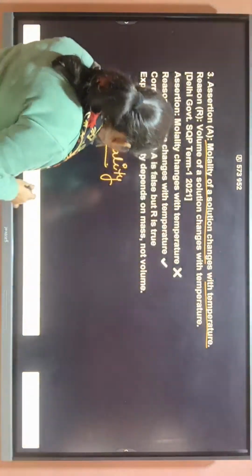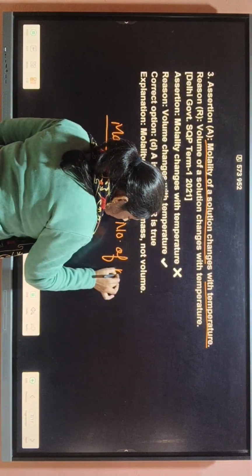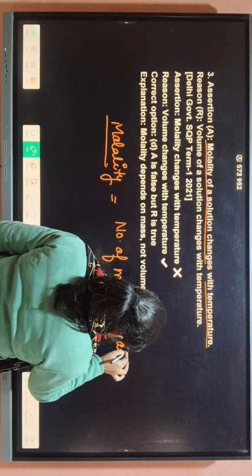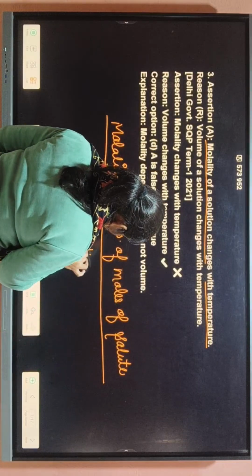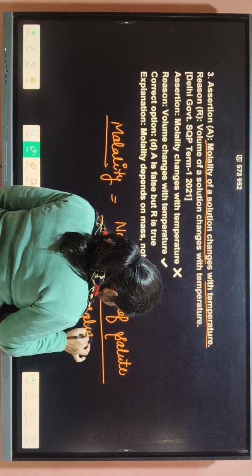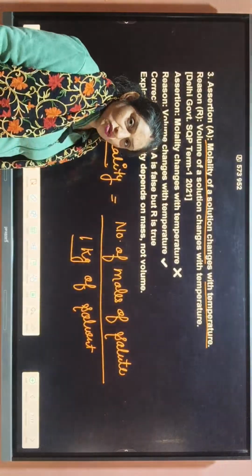Okay, so student, molality is number of moles of solute dissolved per kg of the solvent. So students, per kg, it is also mass.